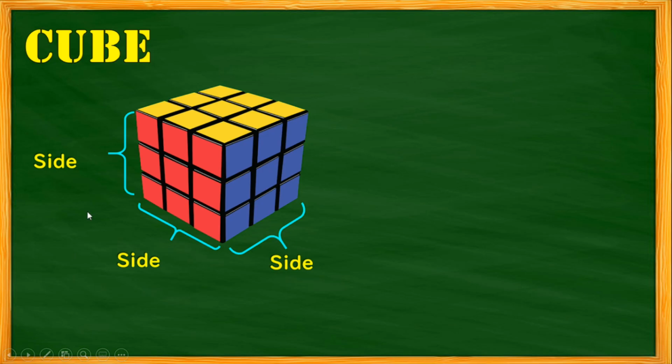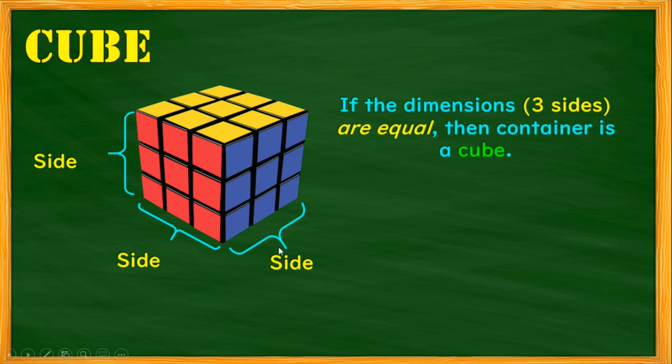All faces of this cube are represented by this side because all sides of a cube are equal. If the dimensions of the 3 sides are equal, then the container is a cube. Again, if 3 sides are equal, then the container is a cube.